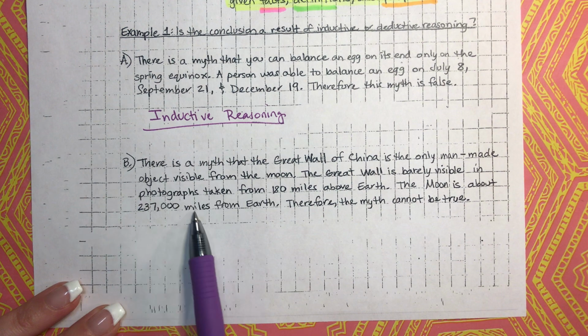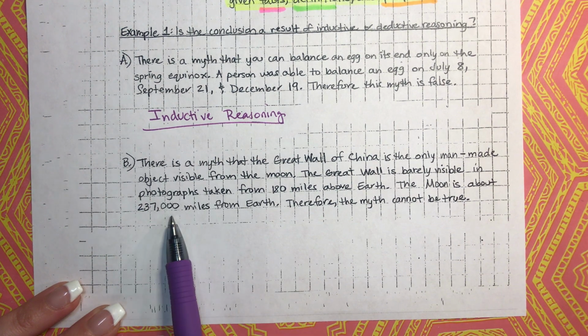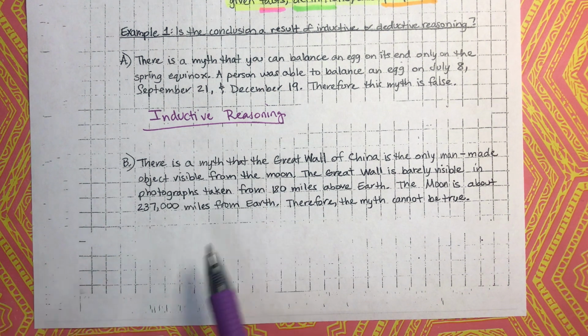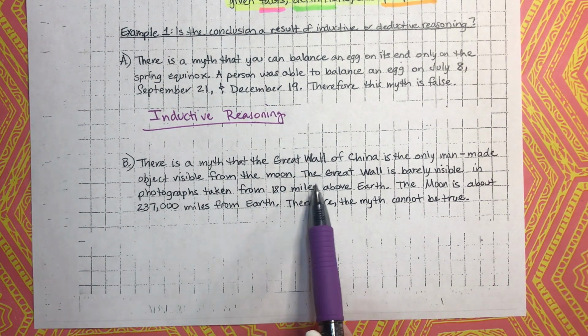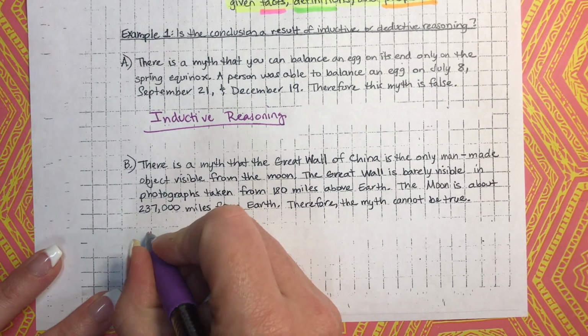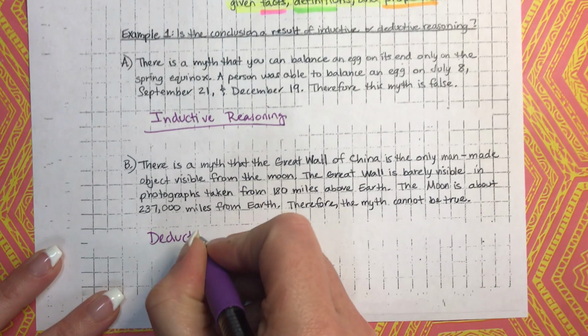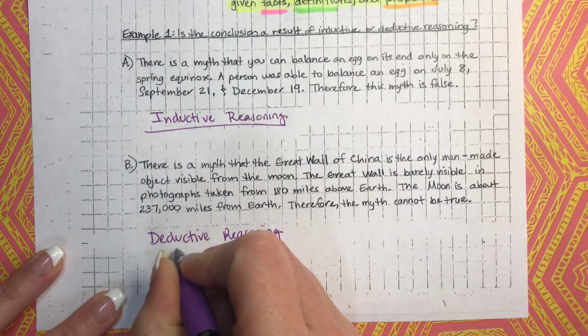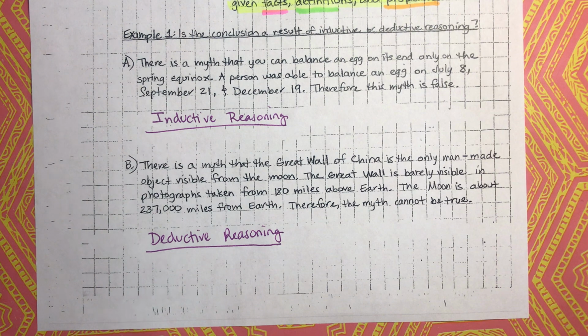So there's no way it's going to be visible 237,000 miles from the Earth. So it's given facts and drawing conclusions using logic. So this would be deductive reasoning. Okay, let's look at the next example here.